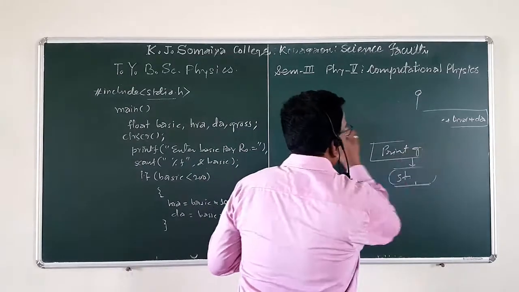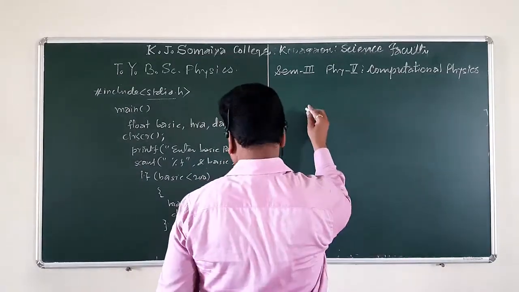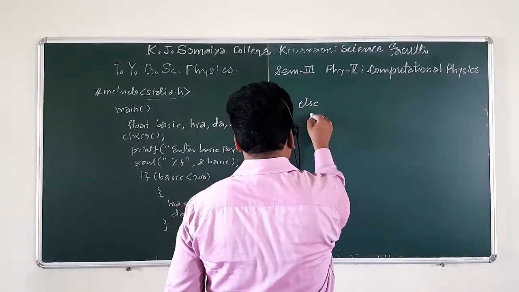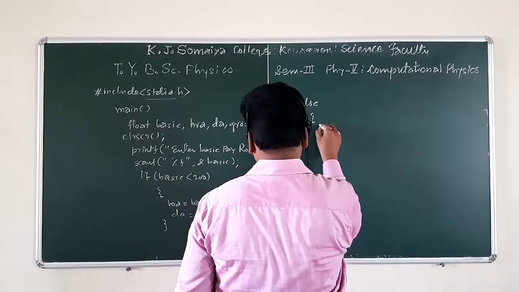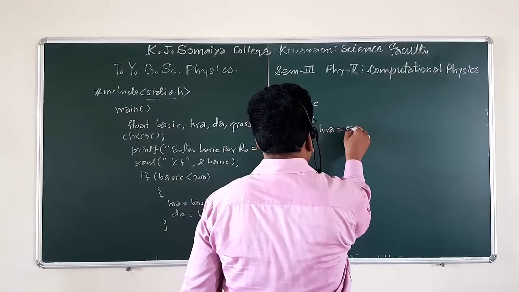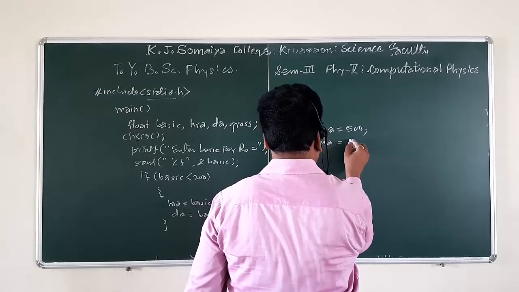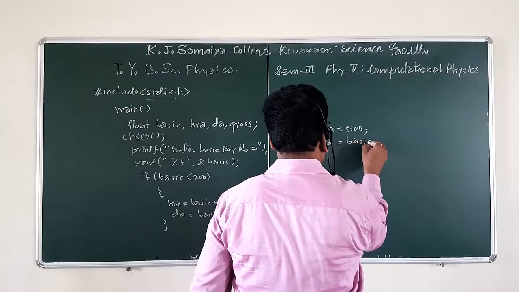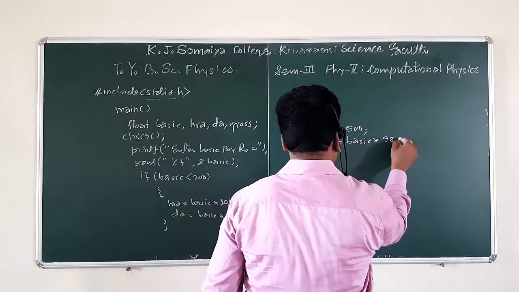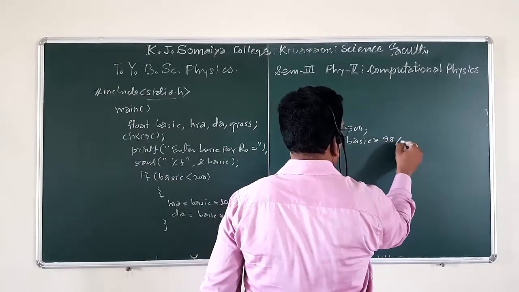Else, here the remaining part is written. HRA is equal to 500, DA is equal to basic into 98% of the basic.